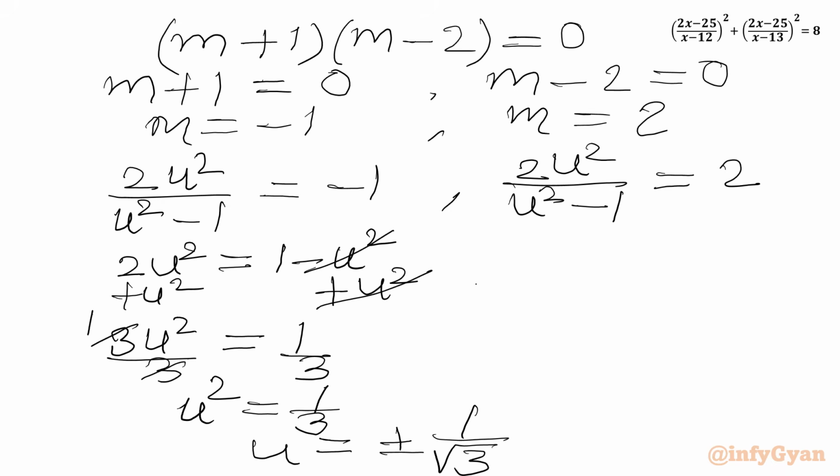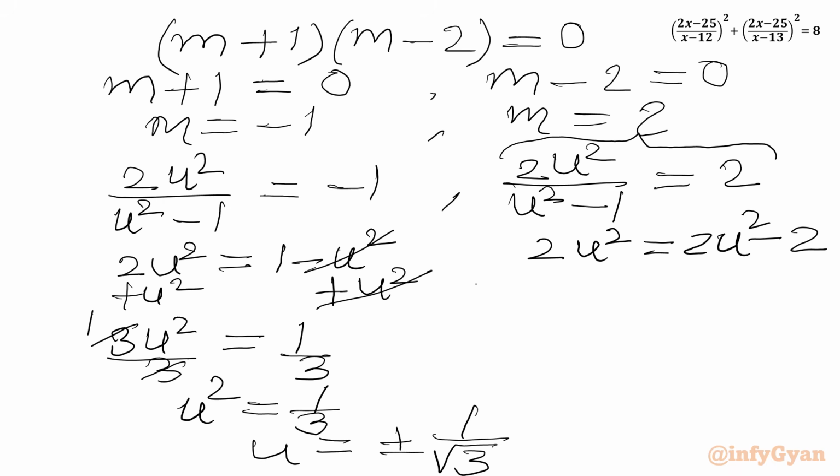Now we have to solve the second equation. Let's cross multiply. We will get 2u square is equal to 2 times u square minus 1, which will be 2u square minus 2. Now we will subtract 2u square from both the sides. So we will get 0 equal to minus 2, which is not correct.